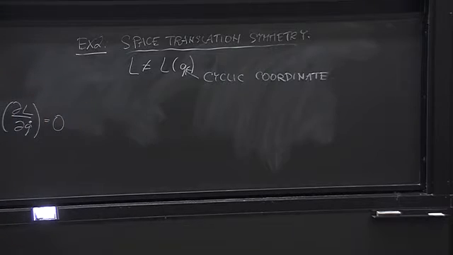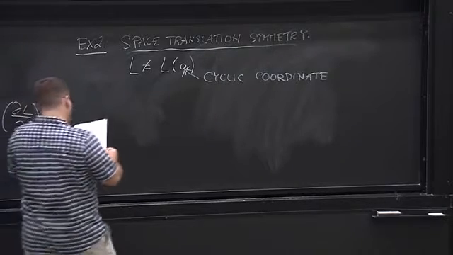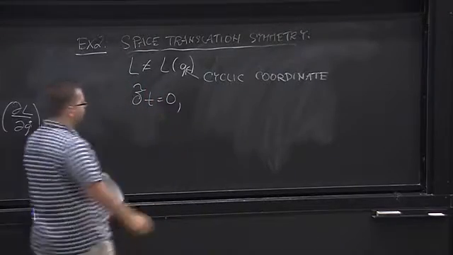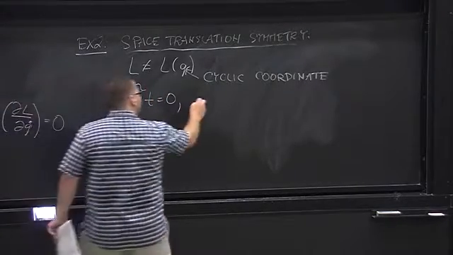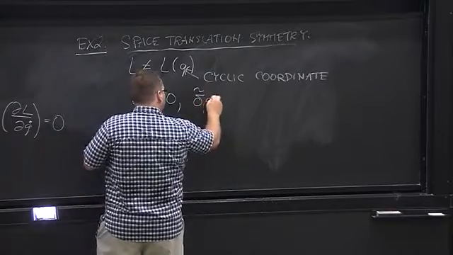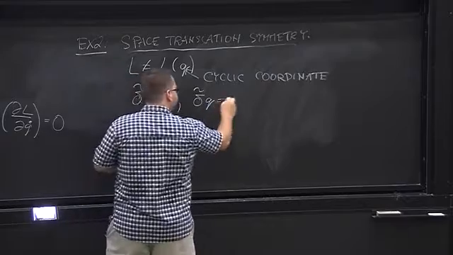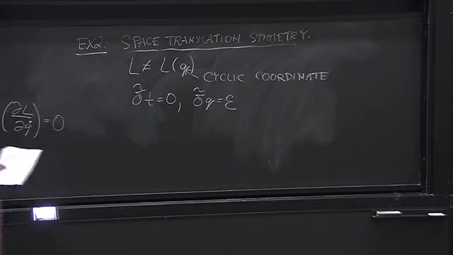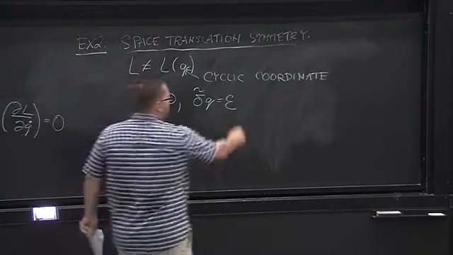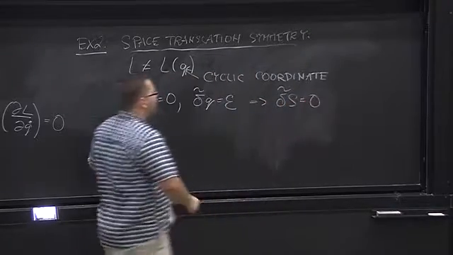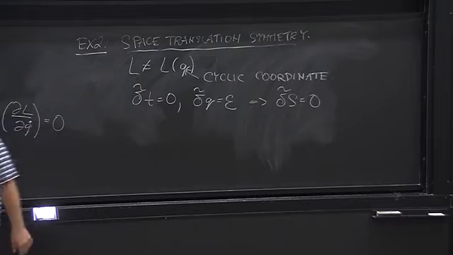If this is true, then you can show that the transformation which doesn't change time, so delta t tilde is 0, but delta q tilde is epsilon, leaves the action invariant, provided that L doesn't depend on this q.